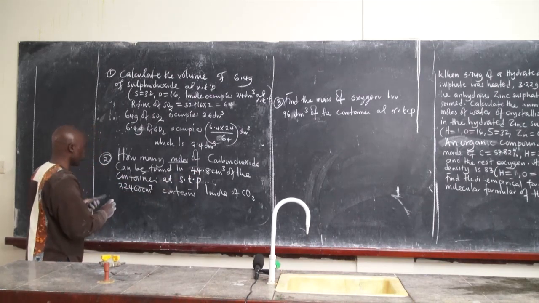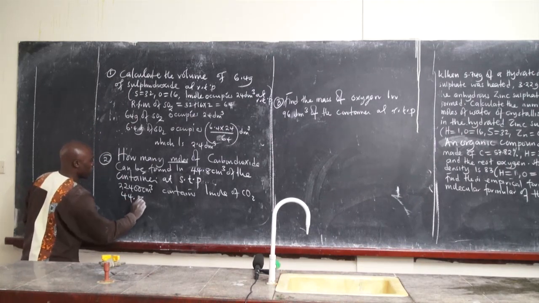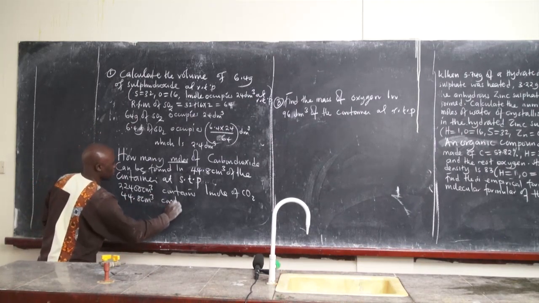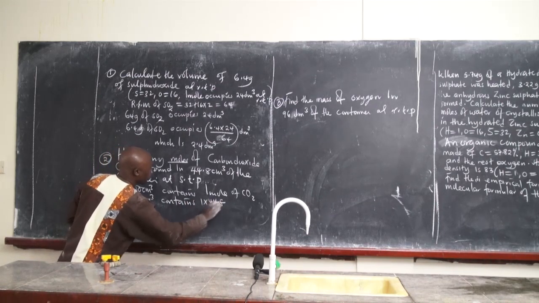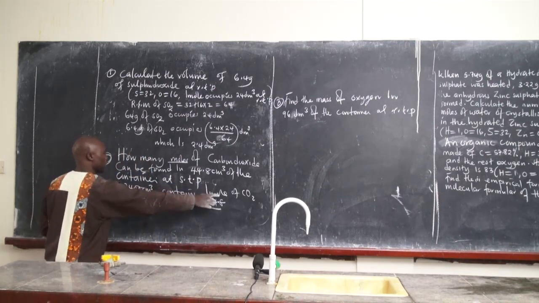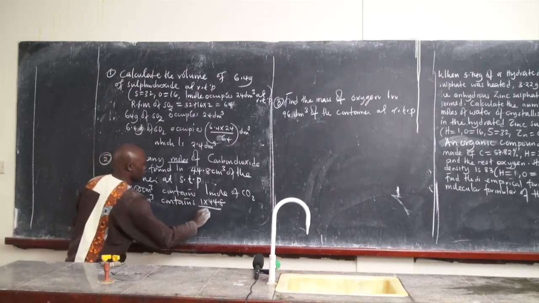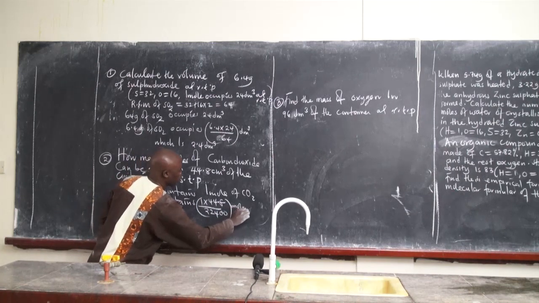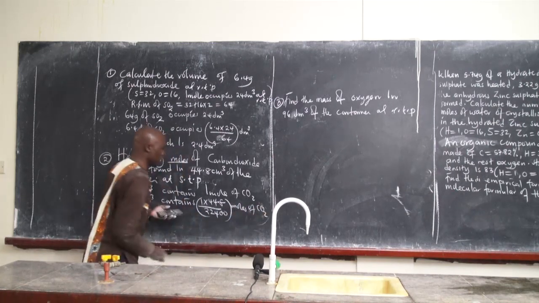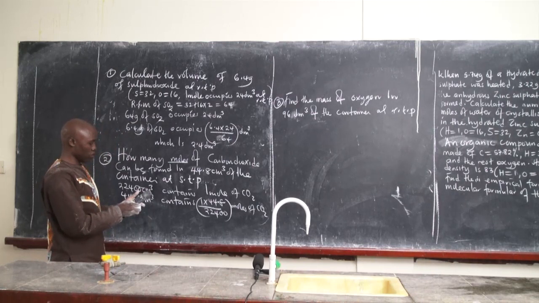So I will say now that 400 cubic centimeters contains 1 mole, so out of 44.8 cubic centimeters we cross multiply: 1 times 44.8 divided by 400 moles of carbon dioxide. Punch that in your calculator, 44.8 divided by 400.